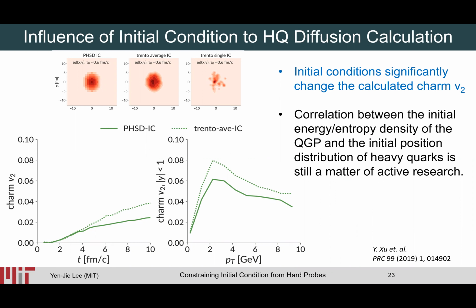the jet better. And the other thing is an illustration of the heavy quark diffusion calculation. If you use a PHSD initial condition versus a TRENTo average initial condition, you can see, as we introduced before, the charm v2 is acquired during the process of evolution in the quark-gluon plasma.